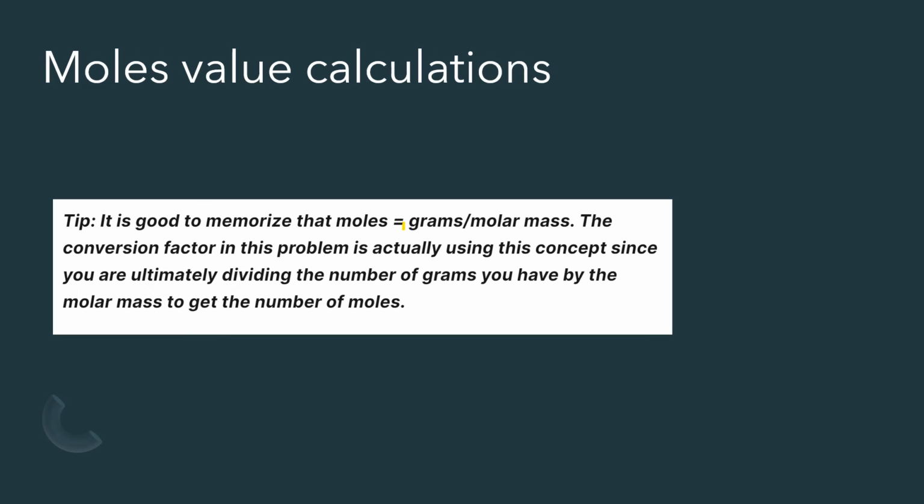Tip for that is we need to memorize this formula which says that moles is equal to grams divided by molar mass. So that's the conversion that we use in this problem using the concept. You're ultimately dividing the number of grams you have by the molar mass to get the number of moles.